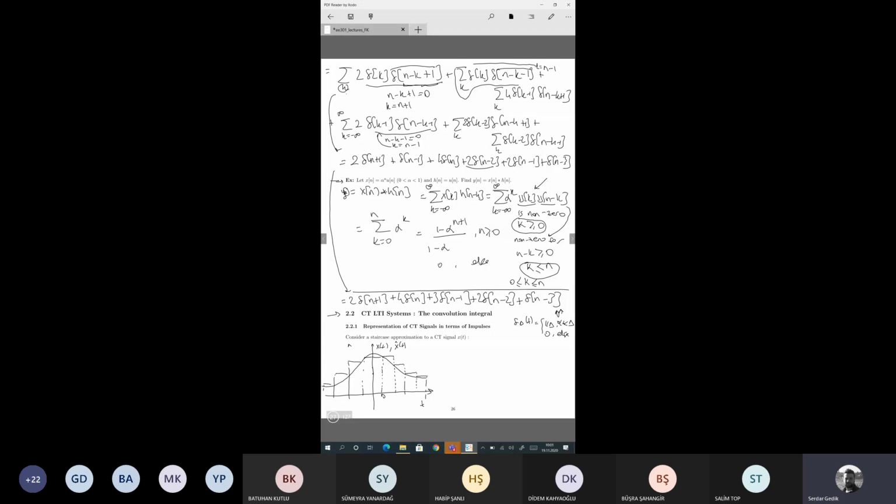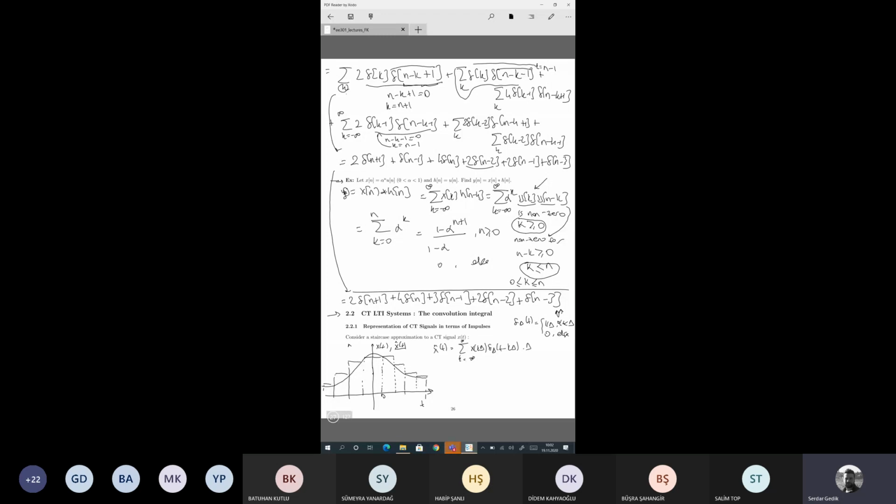So I have such a staircase approximation x cap t for x of t. So x of t is the continuous signal, and this staircase step-like representation is the approximate signal. So what is x cap of t? It is the sum over k from minus infinity to plus infinity of x of k delta, impulse of delta t minus k delta, times delta.